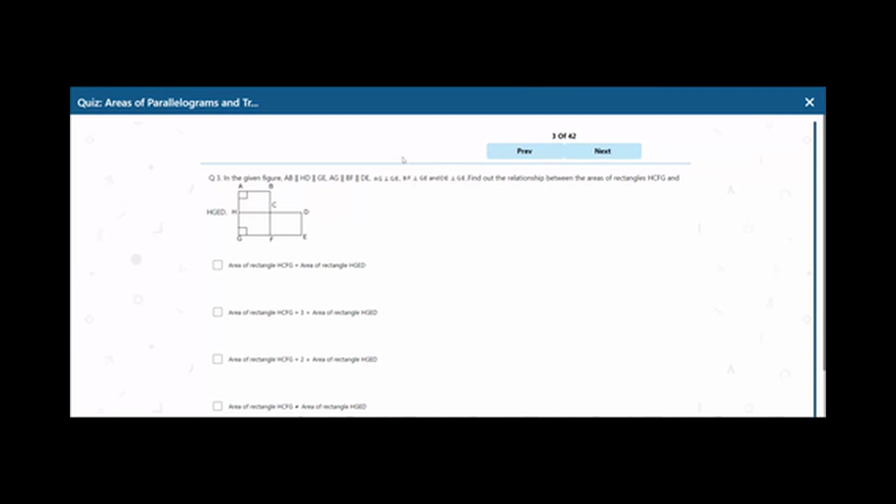Anjali, answer this. AB parallel to HD, HD parallel to GE, AG parallel to BF and parallel to DE. AG is perpendicular to GE, BF is perpendicular to GE, DE is also perpendicular to GE. Find out the relation between the areas of rectangle HCFG and HGED.